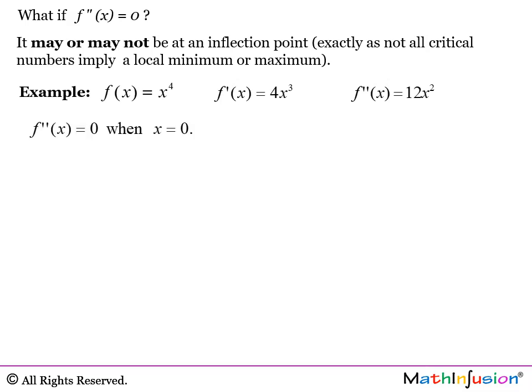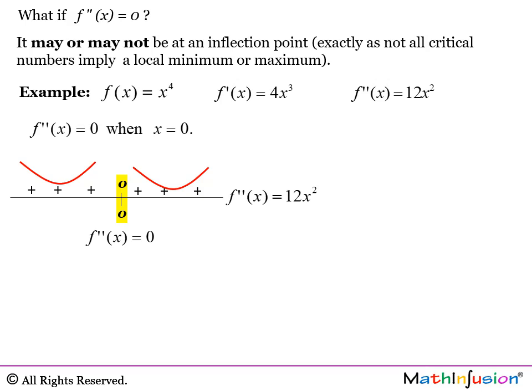You can easily observe that the second derivative is 0 when x equals 0 and otherwise it is positive. So the function is concave up here and concave up here. So even though the second derivative is 0 at x equals 0, there is no inflection point at this point.